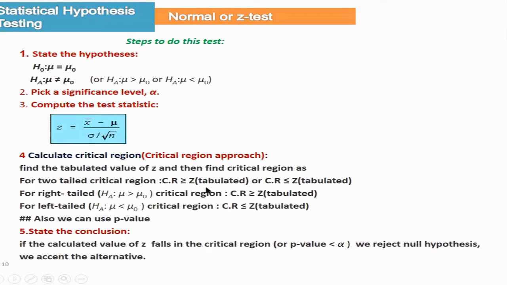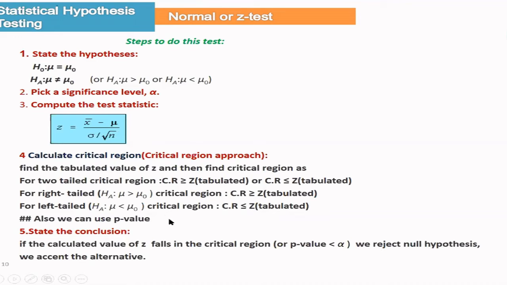How can we find the critical region? It will be better when we have the practical example. For two tail tests, the critical value is greater than the positive tabulated value in absolute terms. For the right tail, the critical region is greater than the tabulated value, and for the left tail, it is less than the tabulated value.